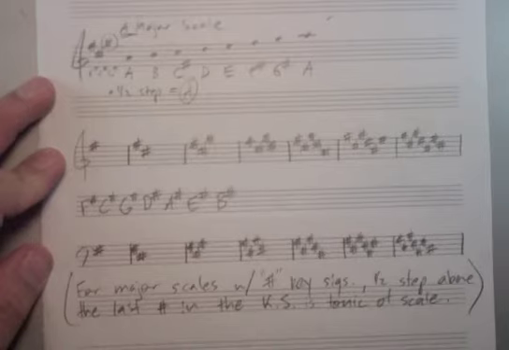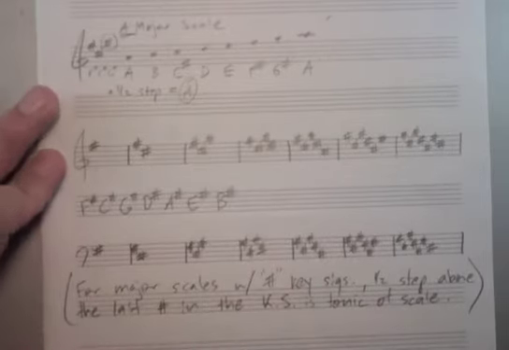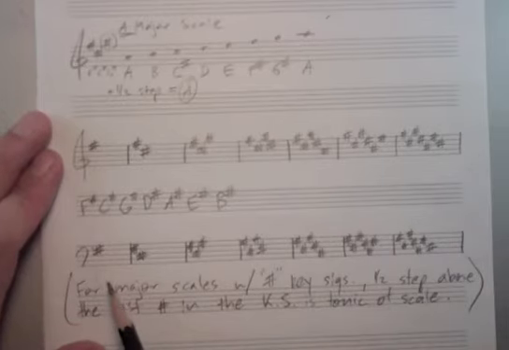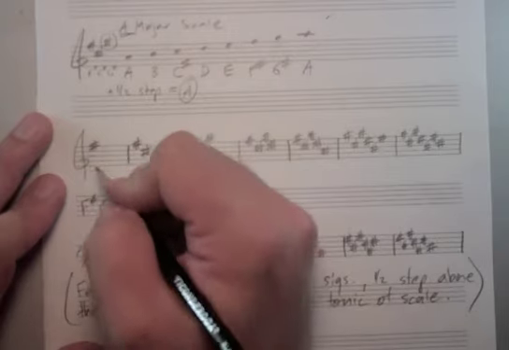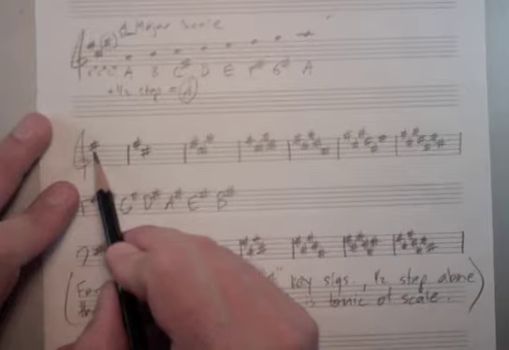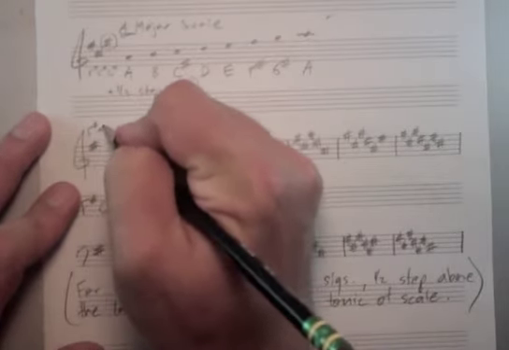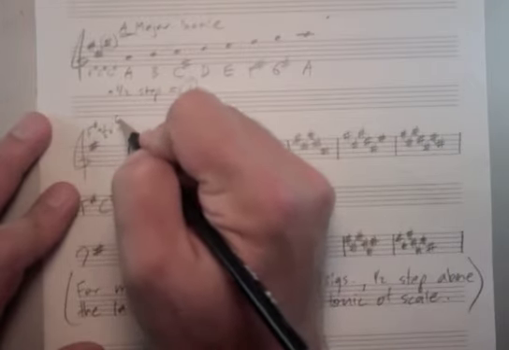So the last thing we're going to do in this video is sort of turned into an epic endeavor: let's go through and name the key signatures. So here, our only sharp in the key signature is an F sharp. So F sharp plus a half step is G major.